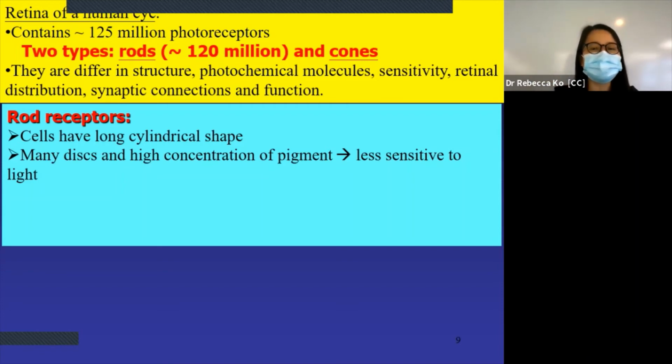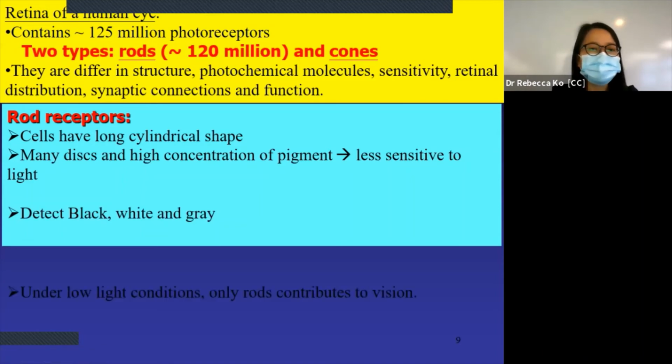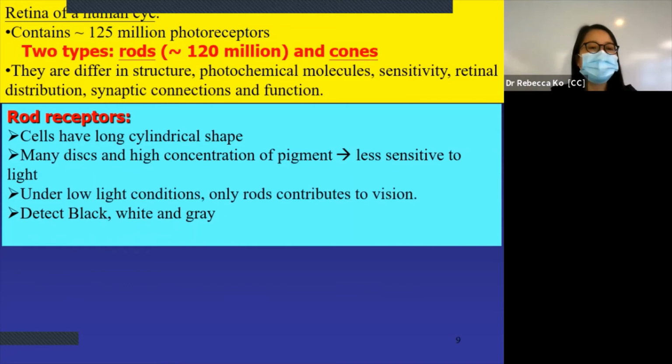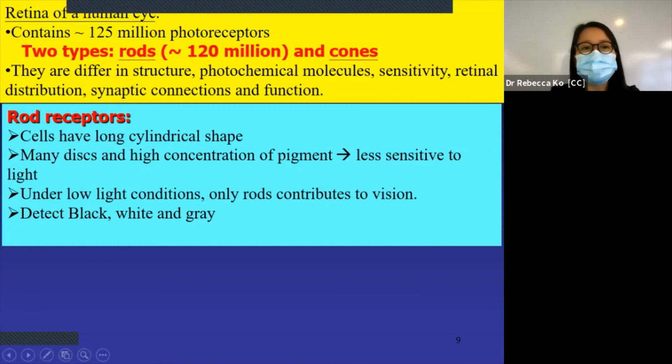So the rods are more sensitive to light. That's why usually the main function is to detect black, white, gray color, especially during the night time, or when the light condition is a bit low and there is not enough light. So in that case we'll mainly use the rods to contribute to the vision.